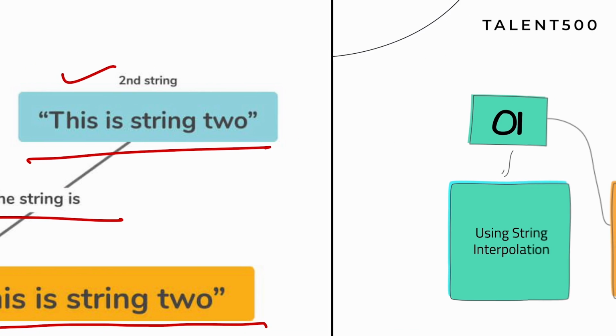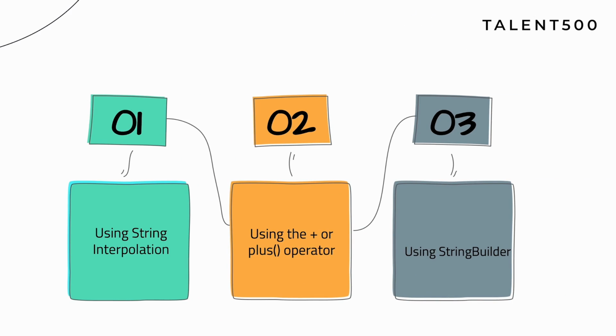Perfect. So there are three ways of combining two strings together. The very first way is to use string interpolation.